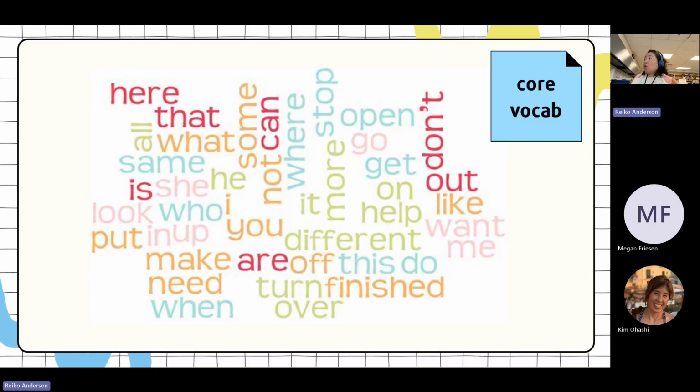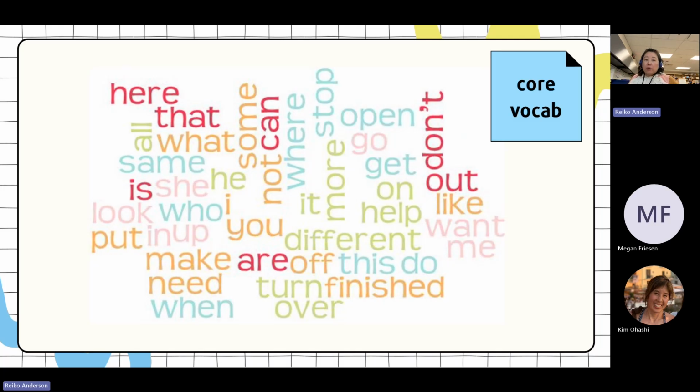There's also core vocabulary. So here's a statistic. Let's see if I can say this right. 80% of what I say as a speaking person is the same 250 core vocabulary words. There are 171,000 words in the English language.